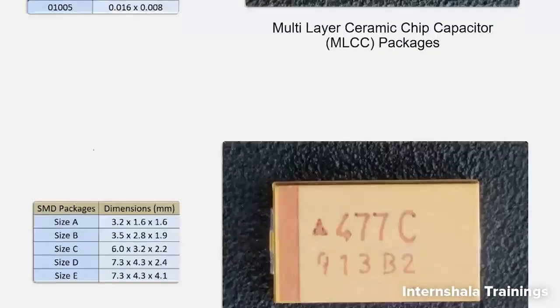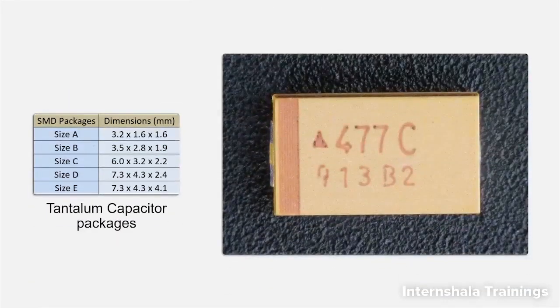Now let's see the packages in case of tantalum capacitor. You can see these are the different packages for tantalum capacitor, and I have also given the dimensions for all these packages. In these packages it's not like some of the packages are very widely used.